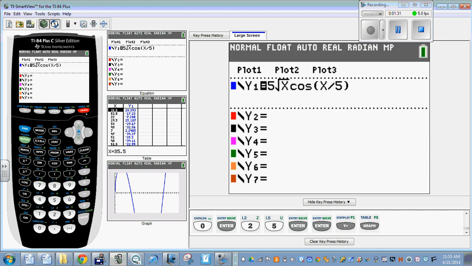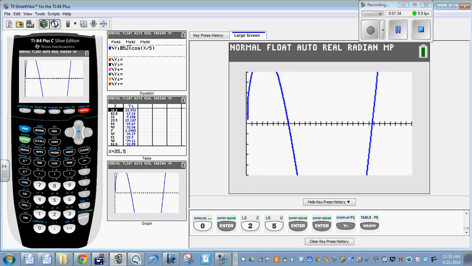So let's take a look at the graph. I want to find out when this is 0. I set this up with a window from 0 to 31, because that's our t value. The y value doesn't really make a difference; I have it from -5 to 5. But we have two different points where we have a 0.